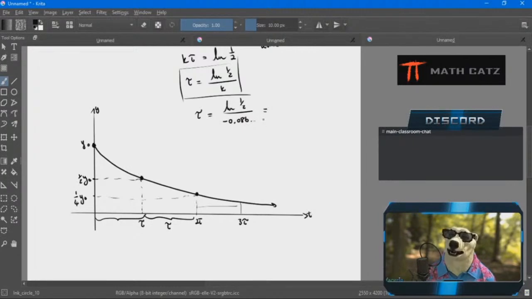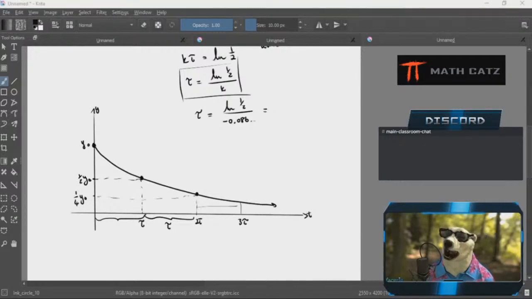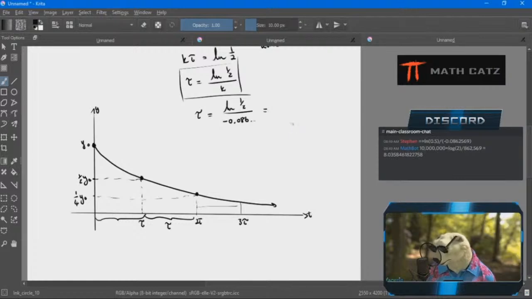I want to use enough of my k value so that when I round to a couple of decimals, I am still accurate. And we get in this case 8.04.